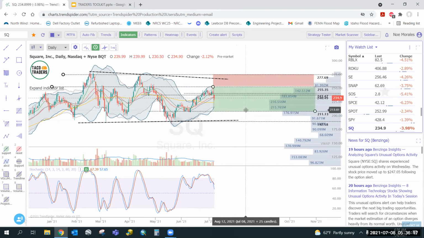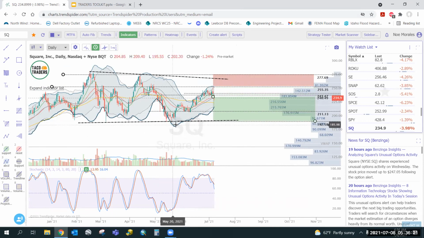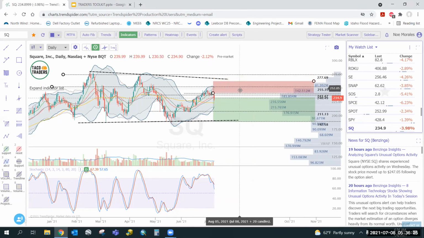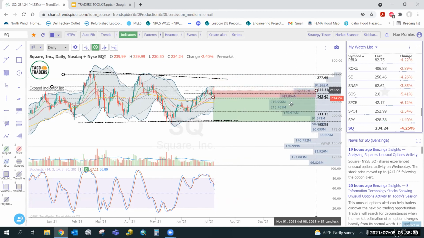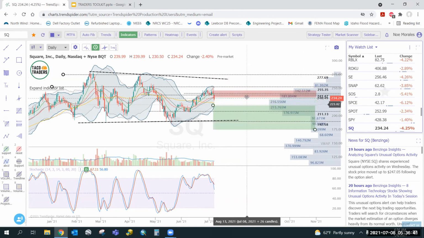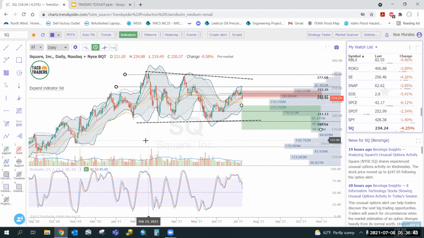Now you move your box essentially to the next level of support for puts. And there's your box. What you're doing here is trailing your stop loss, right? So now where your stop loss used to be up here, now your stop loss is lower. And they keep going, and you find the next support.